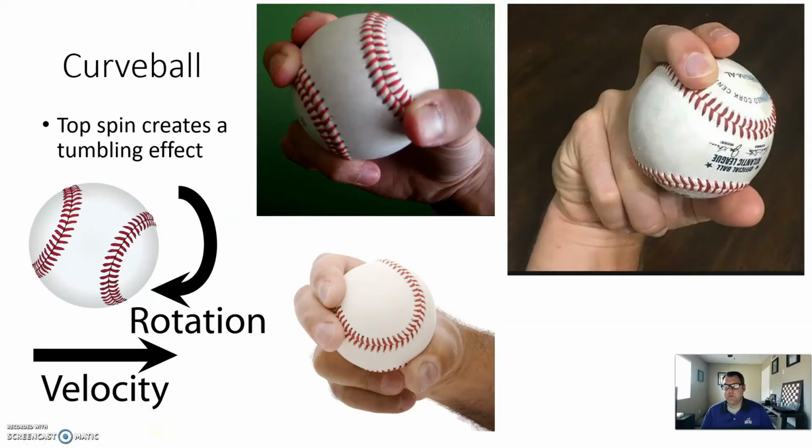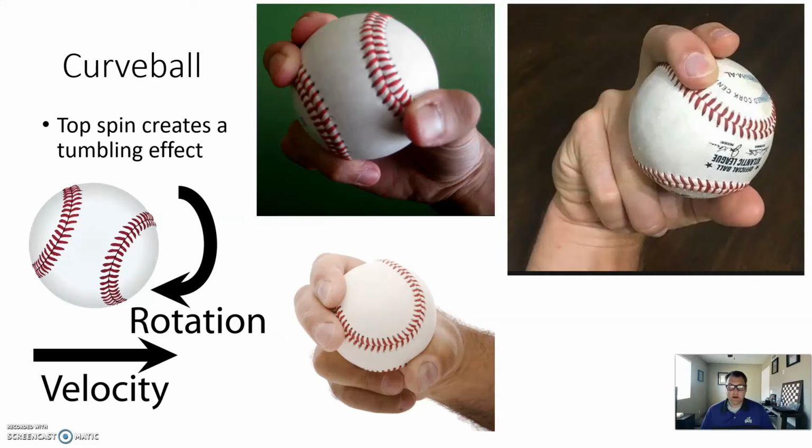All right, let's get into what our off-speed pitches are looking like now. So any pitch that doesn't have the velocity of a fastball is considered off-speed. Off-speed pitches are primarily seen in two different ways. You have the speed being slower, and you have the movement being a lot greater.